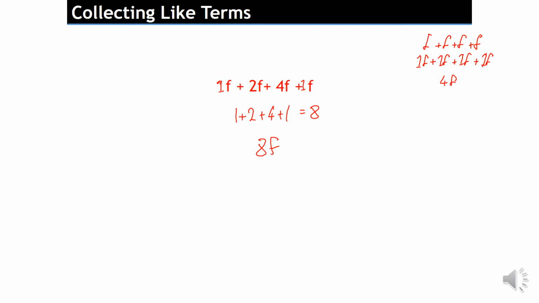So basically the key thing to remember is if the letter is the same, so if it's a like term, then we can add them. If it's not a like term, we can't add. So like term means we can add. If it's not like, we can't add. We'll see one in a minute where we can't add. Because these were all f, we could add.